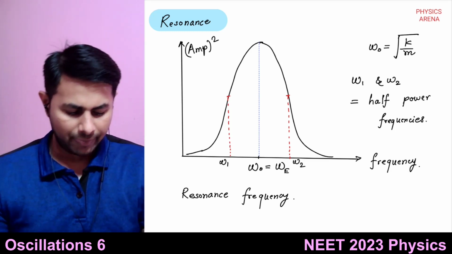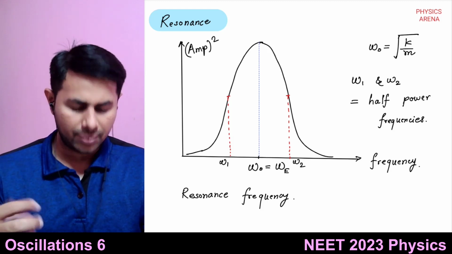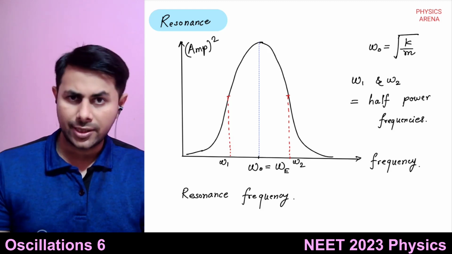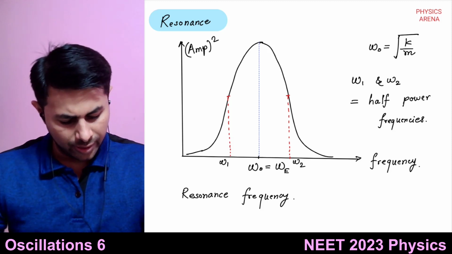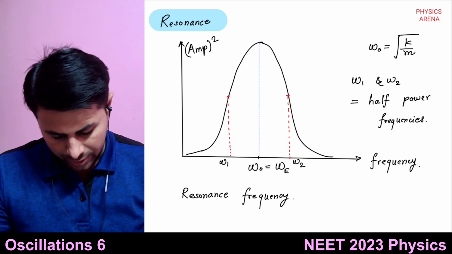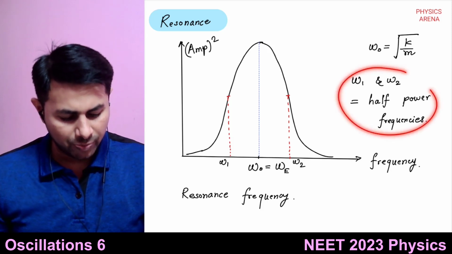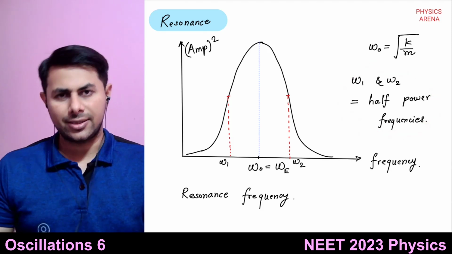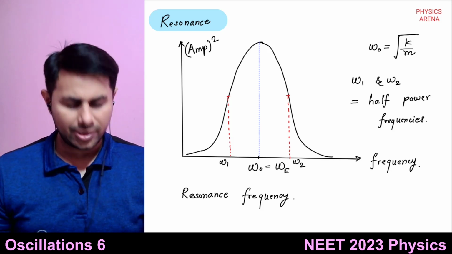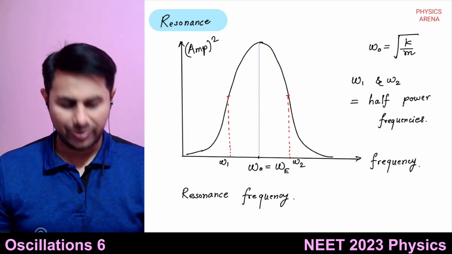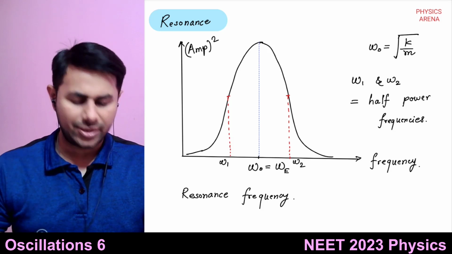What happens at these frequencies? The power of oscillations becomes half. This will become more important when we discuss LCR circuits in alternating currents. Right now, let us just call them half power frequencies and leave it here.